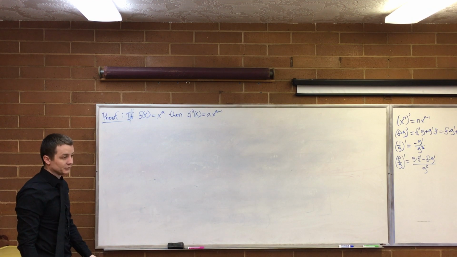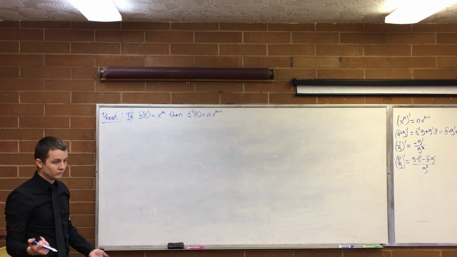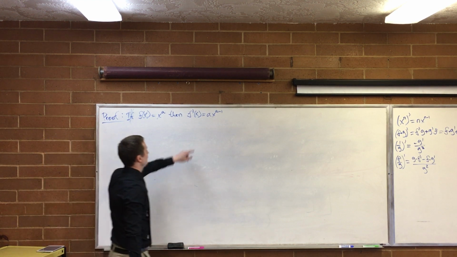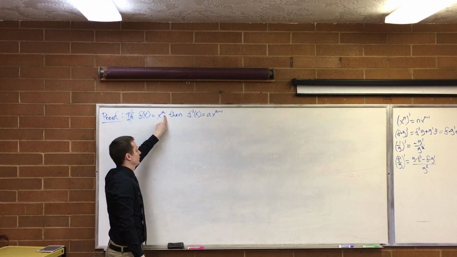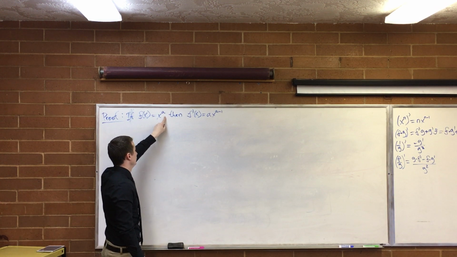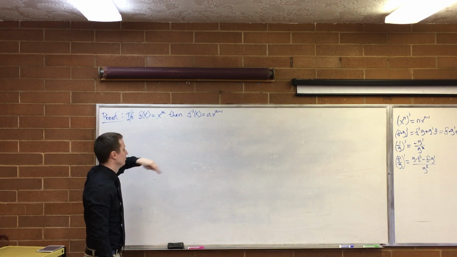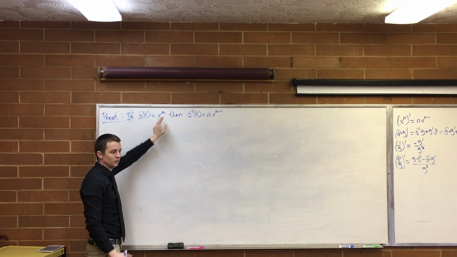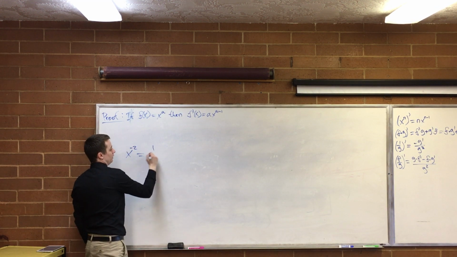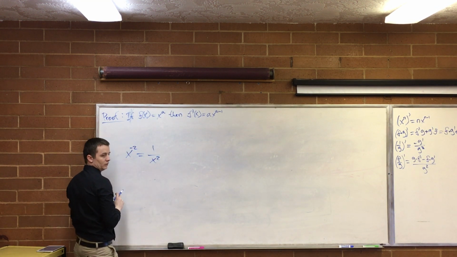So now we're doing it for integers instead of just natural numbers. And it specifies if a is a number that's less than 0, so if it's a negative integer, then x can't be 0. Why can't x be 0 if a is negative? Remember we defined x to the negative 2 is equal to 1 over x squared.